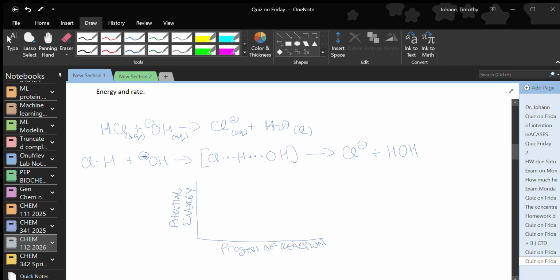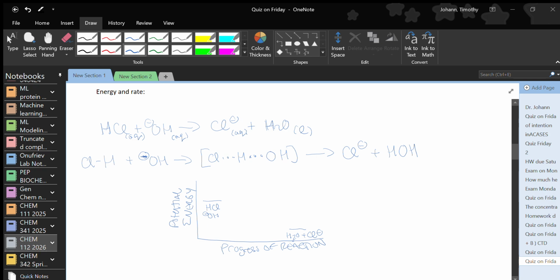Okay, and so for our reaction up above, we might have the energy of the reactants. So our reactants are HCl and hydroxide ion, right? That's what their potential energy is. And down here, after the reaction happens, now we have water and chloride ion at a lower energy.